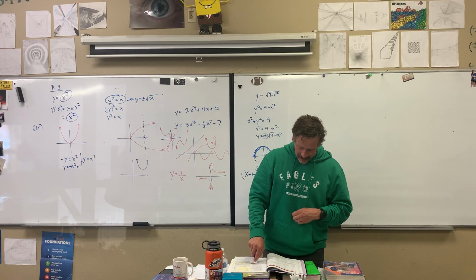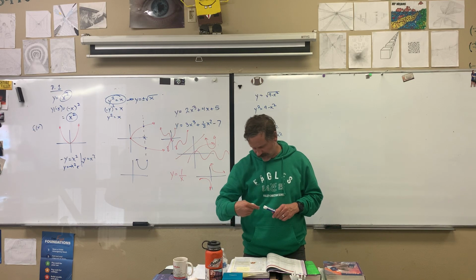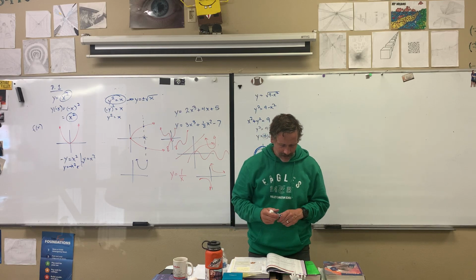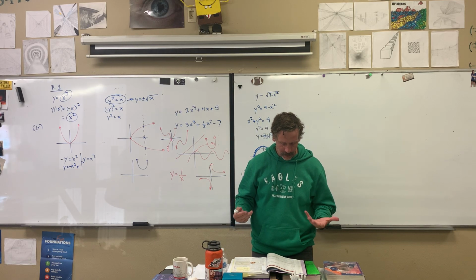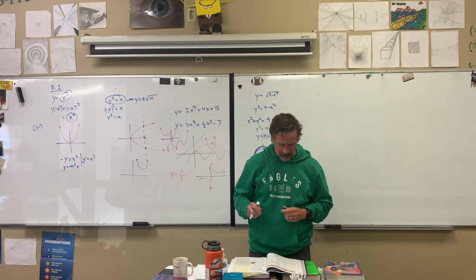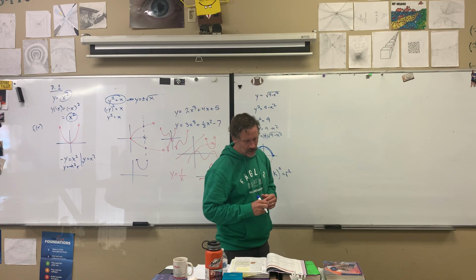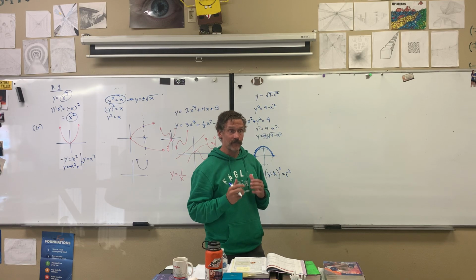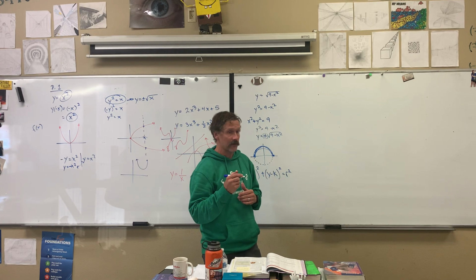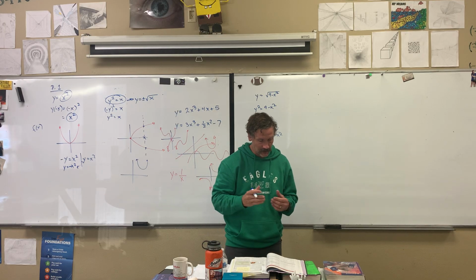Now we look at 5 through 14. I don't know exactly what numbers you had to do, 3 through 66 every third or something. So if we look at 5 through 14 to make sure we know how to do that, it says sketch the graph of each equation by point plotting. I'm okay if you don't want to plot points. What they're referring to is just making XY charts, plotting some points and seeing what the graph does.